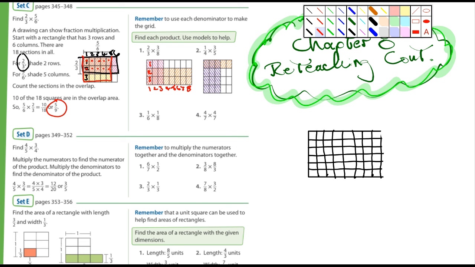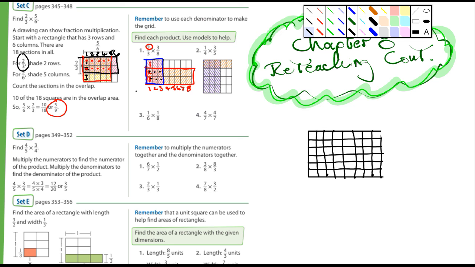And then they shaded 2 of the 3, which would be probably those, and 3 of the 8, which would probably be these right here. And then you can see what overlaps. It's going to be these right here. 1, 2, 3, 4, 5, 6.